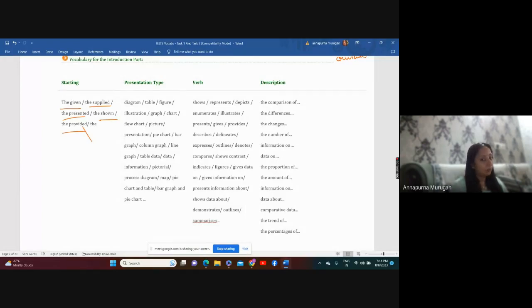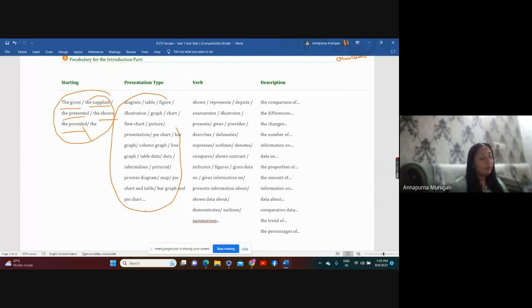Whatever the specific chart or graph is, you need to use that specific graph name. You can start off using any of these phrases, and then choose whichever is being talked about.